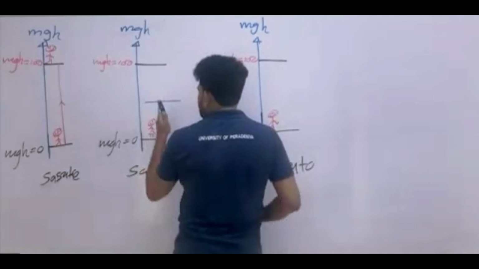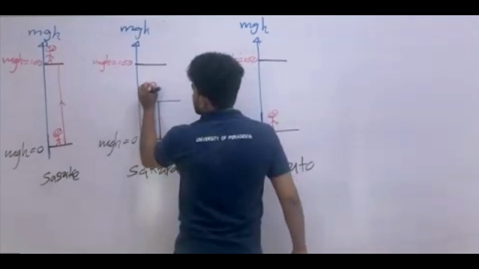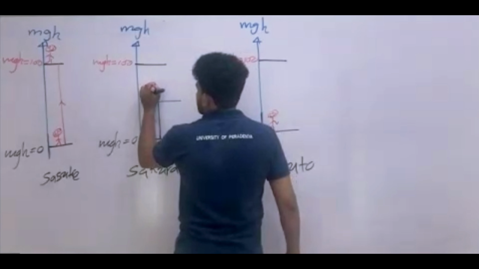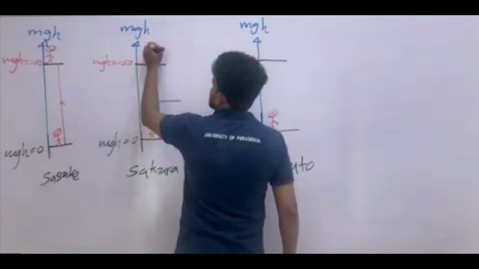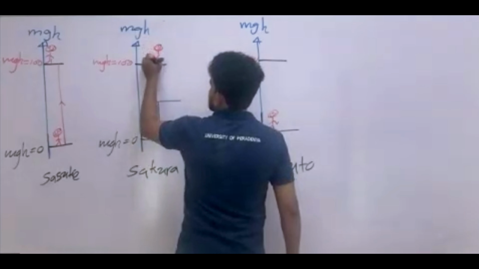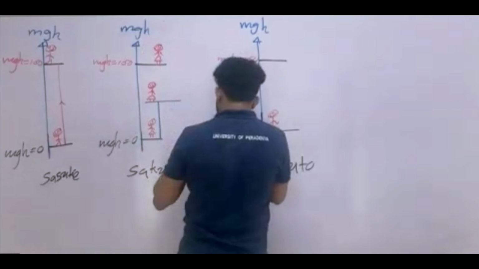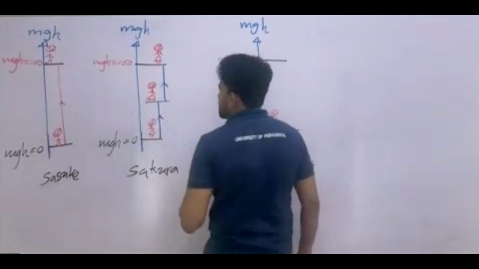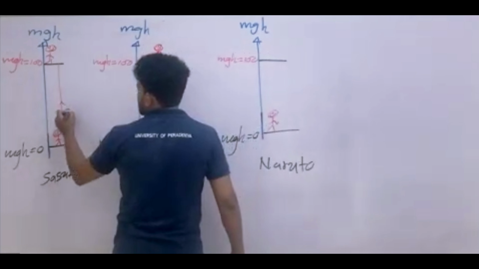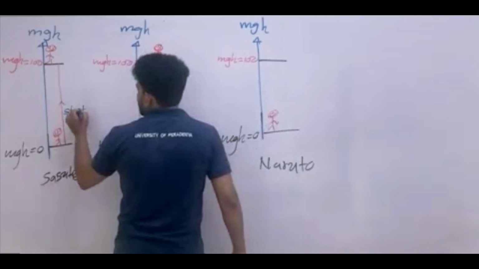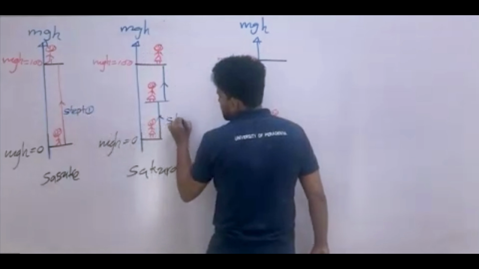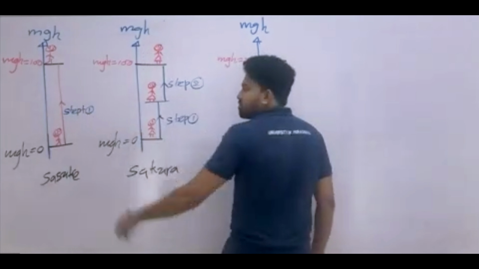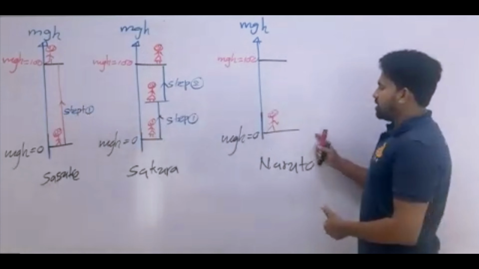And finally she comes to the final step. She climbs here and she climbs here. Two steps, right? Here we call step 1, step 1, step 2, step 2.